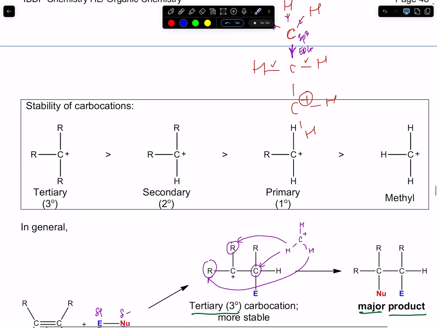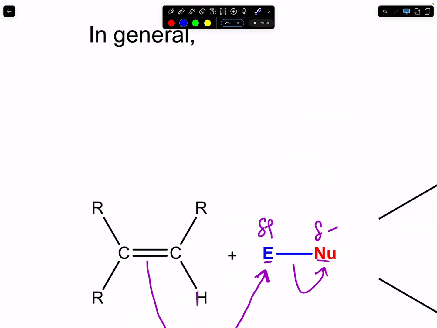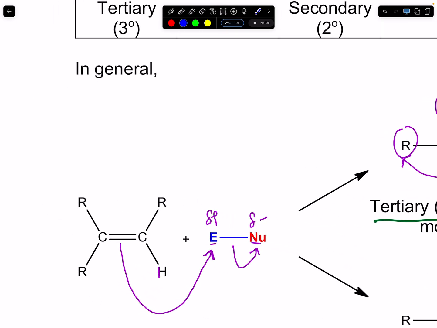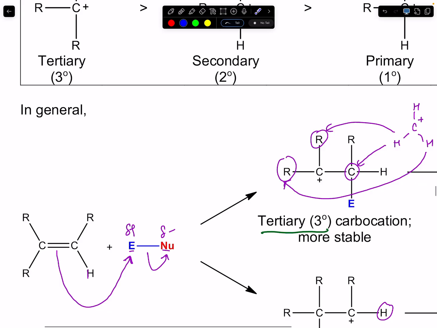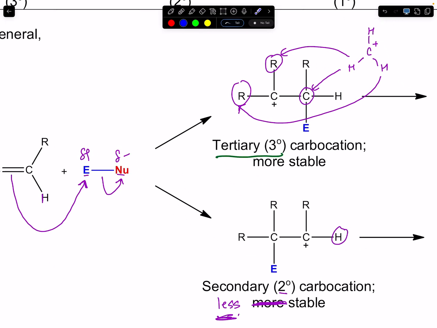Clear? So if you take a look at this example here, you have an asymmetrical alkene, and you are adding an electrophile as well as a nucleophile. And you produce 2 differing carbocations, a tertiary carbocation as well as a secondary carbocation. Could you please label it as less stable as compared to your tertiary carbocation?